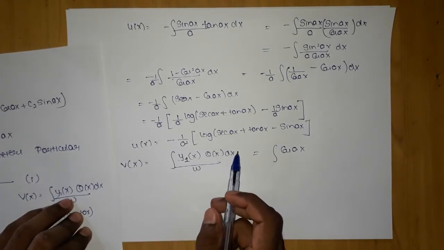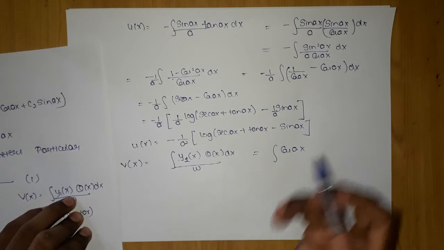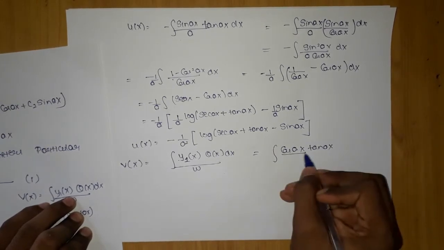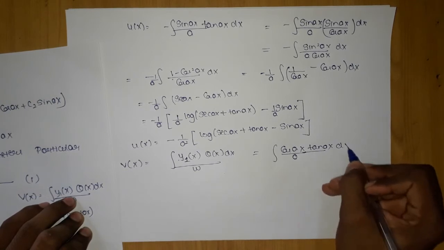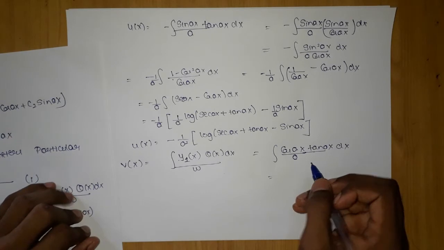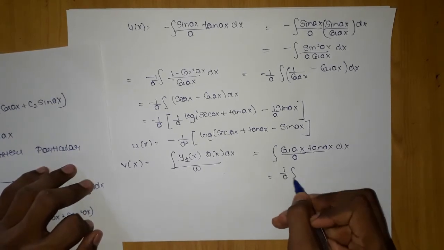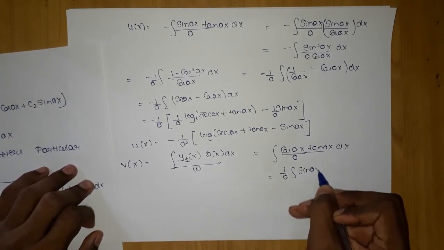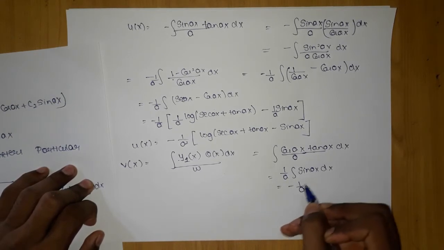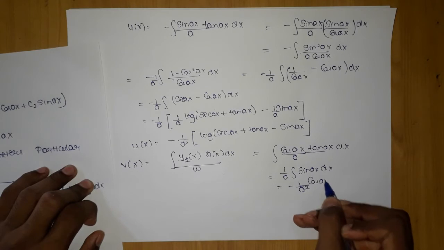Q of x is nothing but tan ax, and here a will be there, into dx. So here it is very simple: when we write tan as sin by cos, cos will cancel out, and 1 by a integral sin ax dx will be there, which is very simple, which is 1 by a square, because a will come again, cos ax.